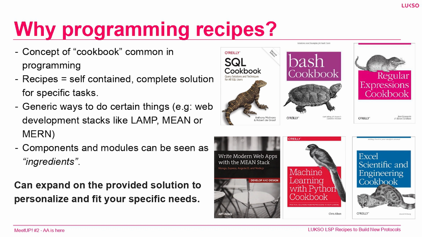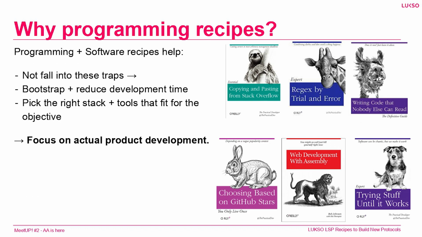These are basically modules that you can see as ingredients, and if you assemble them together, they lead to specific applications. Then you can expand on the solution and personalize it, and this really helps to bootstrap you to get started. The recipes also help you to pick the right stacks for the right use case.